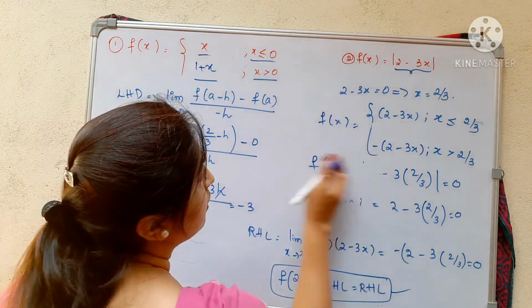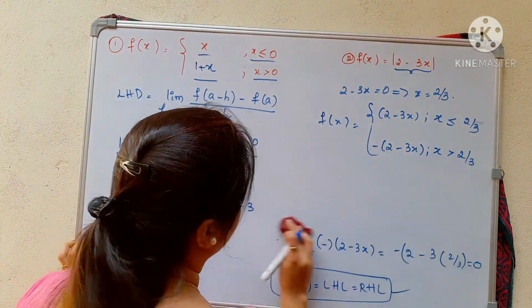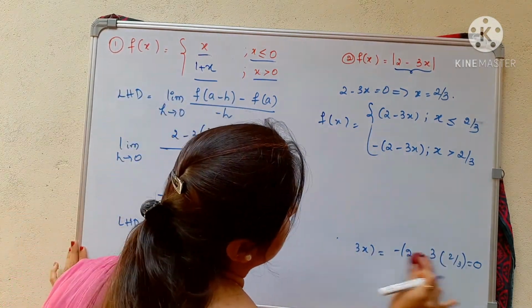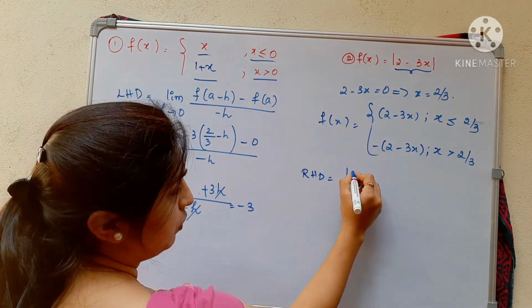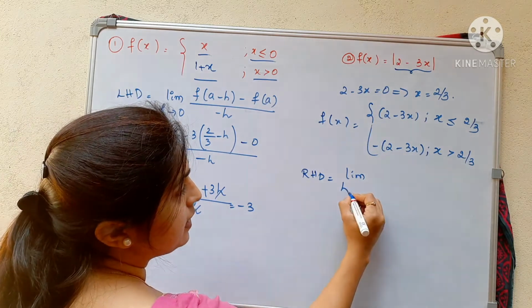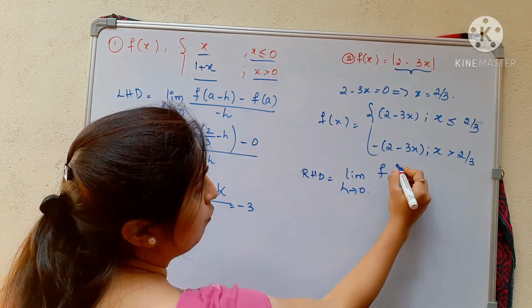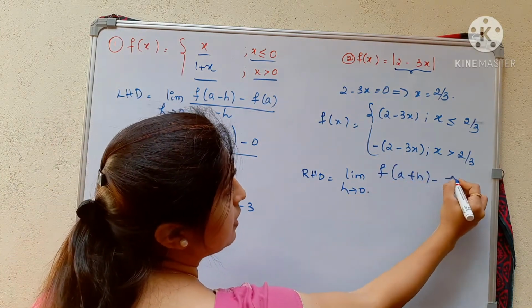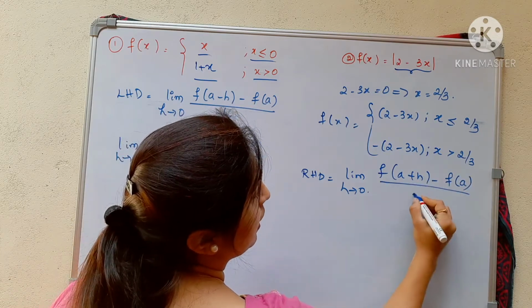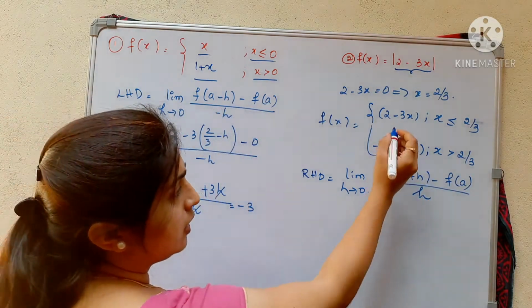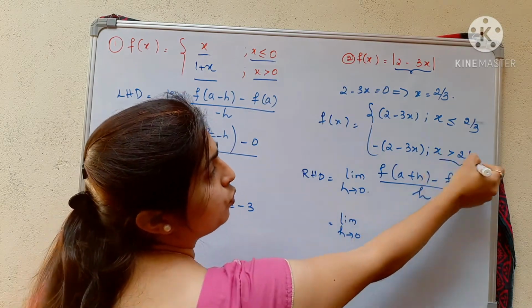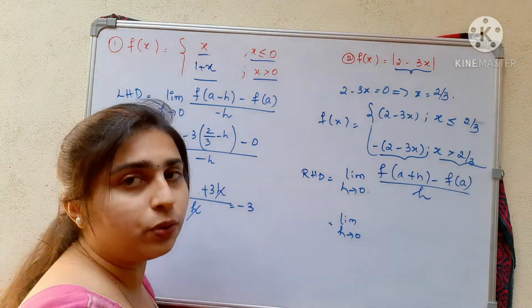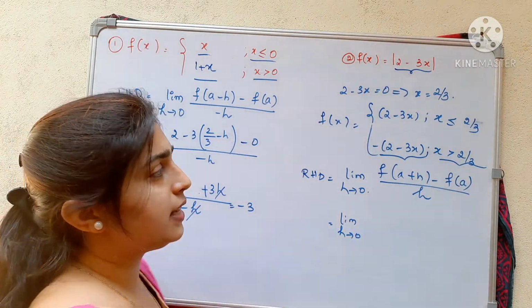Now we will consider the right hand derivative. The formula is limit h approaching 0, f of a plus h minus f of a divided by h. This f of a plus h is for 2 by 3. So here I will substitute x as a plus h.